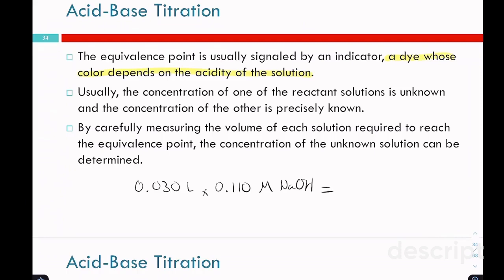Maybe I should have picked easier numbers instead of more realistic numbers. In this case, it would be 0.0033 moles of NaOH. And at the equivalence point, that would be the number of moles of H+ that was in the solution.